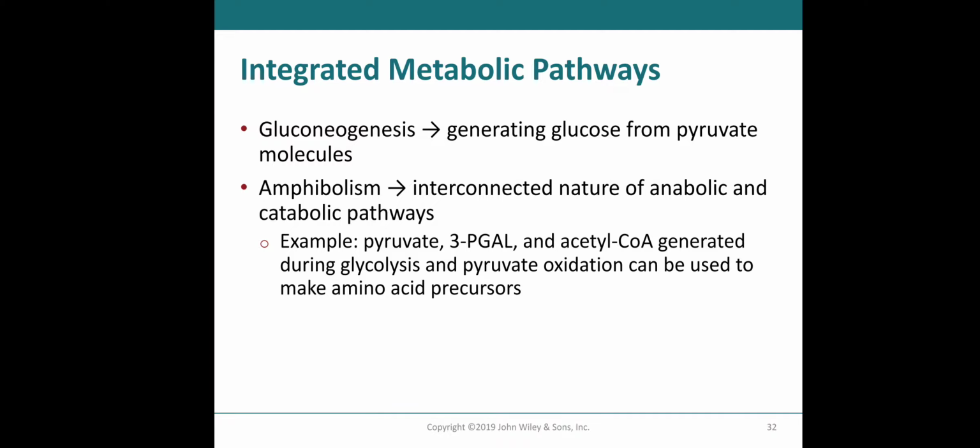On the other hand, as the pathway goes through, they are also building up another molecule. Examples of amphibolic pathways: pyruvate and acetyl-CoA generated during glycolysis and pyruvate oxidation can also be used to make amino acid precursors. Although we see the pathway as somewhat like a straight path, in reality, it's not a straight path.